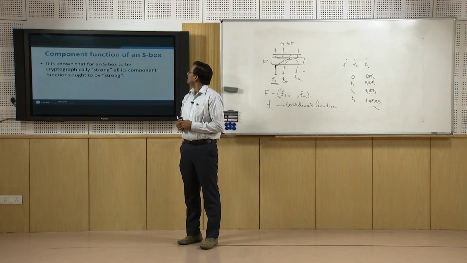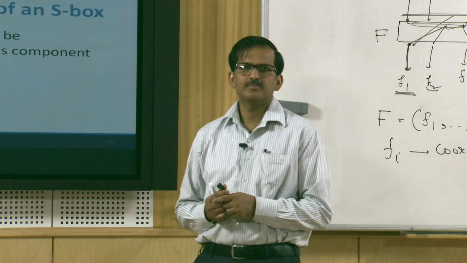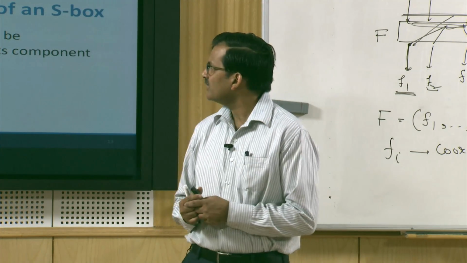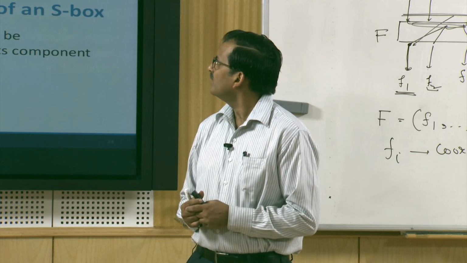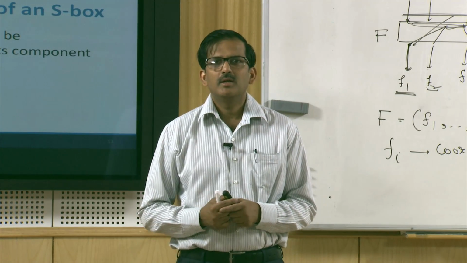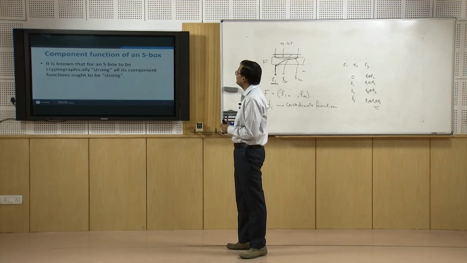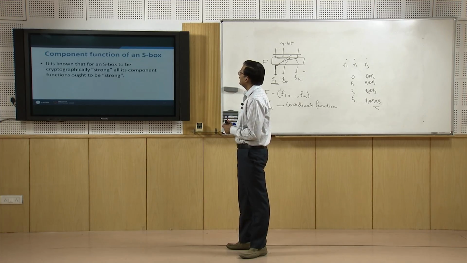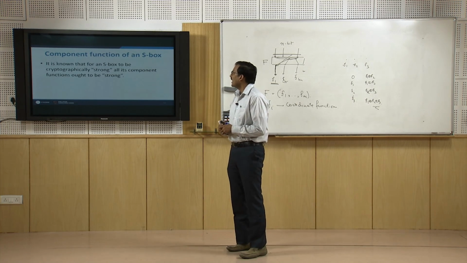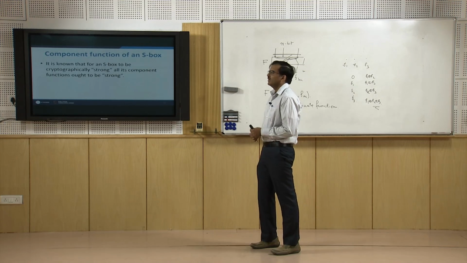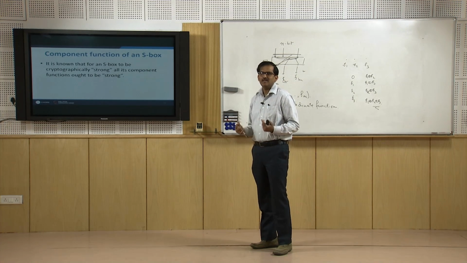So, what we know is that if we have to have a good S box from the point of view of cryptography, then the coordinate functions are not enough. The component functions have to be strong, and by being strong I mean they should have good cryptographic properties.